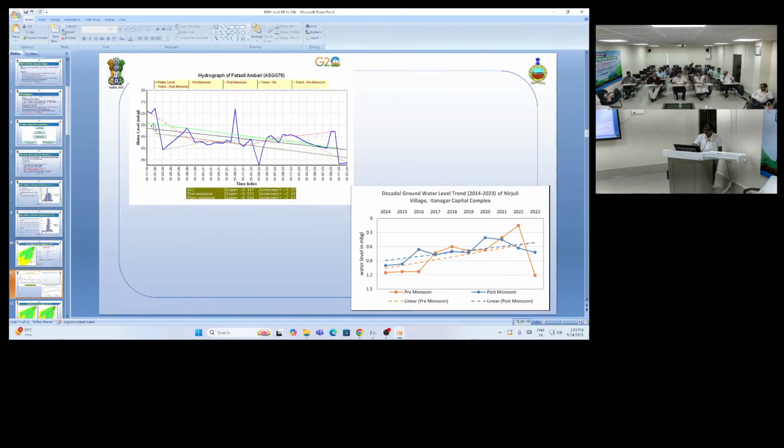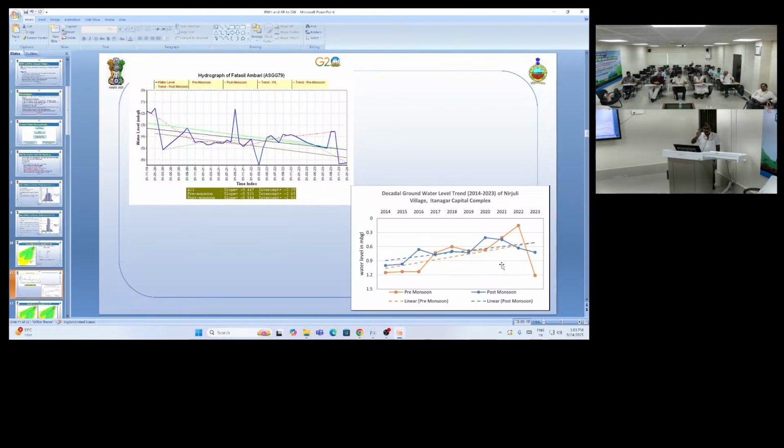The 0, 1, 2, 3 written here is the depth of water level, and here the year is given. From 19 to 24, you can find that this green line is going down. That means the water level is going down. So the trend is that the water level is going down here, and going up here.